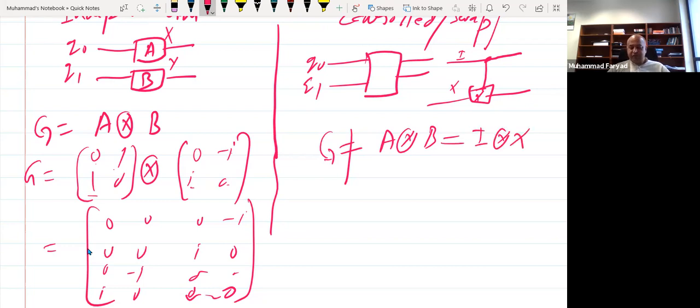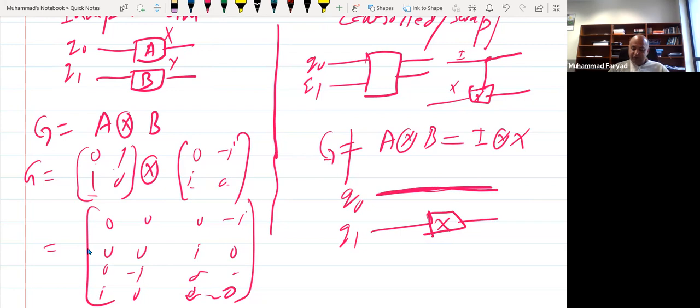That was wrong, because we could do that only if the situation was like this: you have a qubit, nothing happens to this qubit, and an X gate always happens to the second qubit. So this is Q0, Q1. It doesn't matter if the first qubit is 1 or 0, this X is always happening to this side. So in this case, you can write the combined gate as I tensor X.